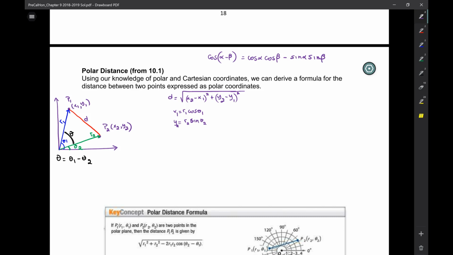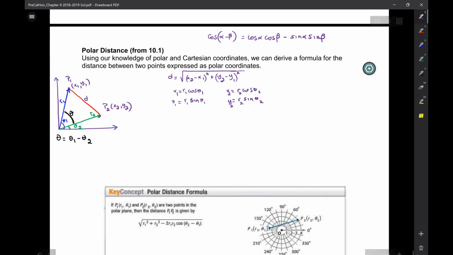Wait, no, sorry. I want to call that y1. x1, y1. So y1 is r1 sine theta 1. So then for the 2's, x is r cosine theta, y is r sine theta, but x2 will be r2 cosine theta 2, y2 will be r2 sine theta 2. Okay? We're going to derive this formula now.